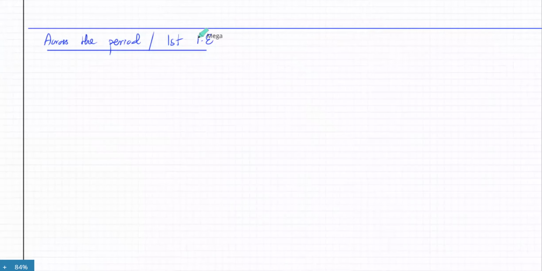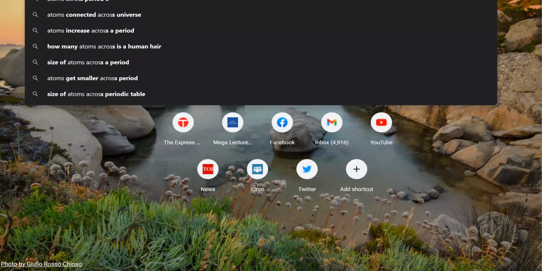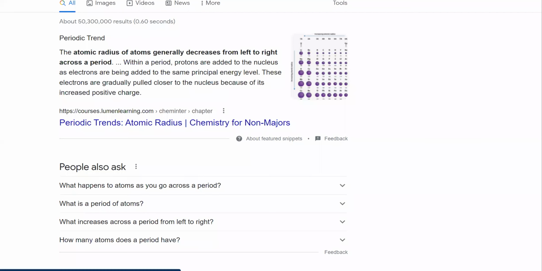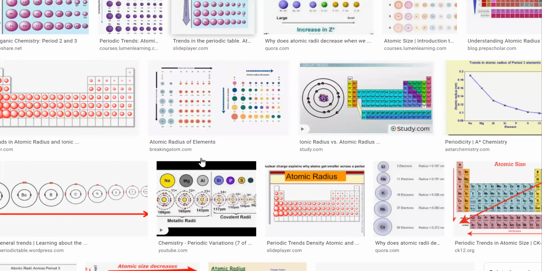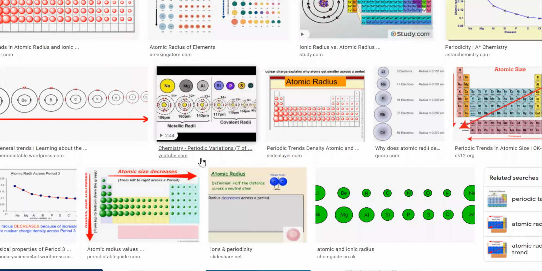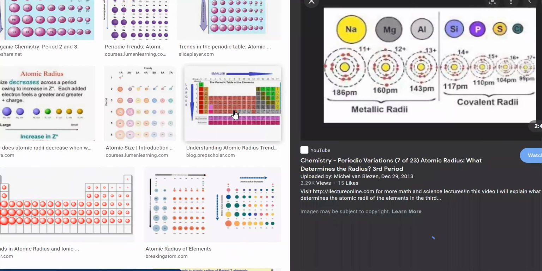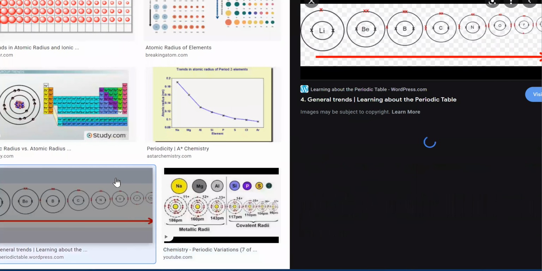Let me see if I have atoms across the period, if I can find an image. Okay, this looks fine. It can't be that, actually, this one.